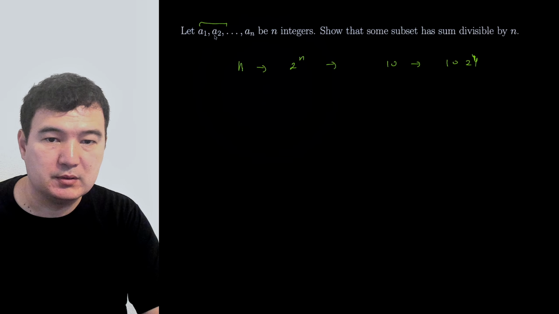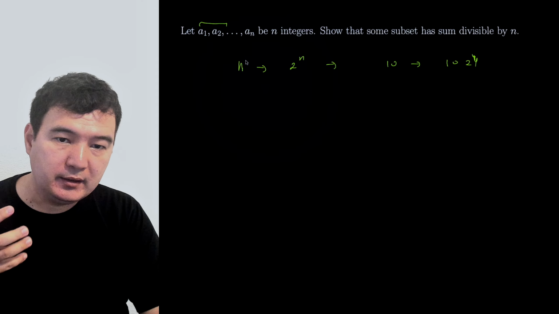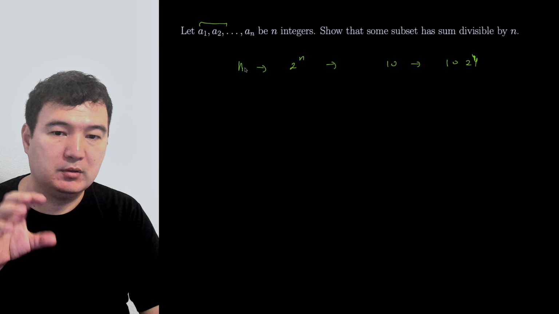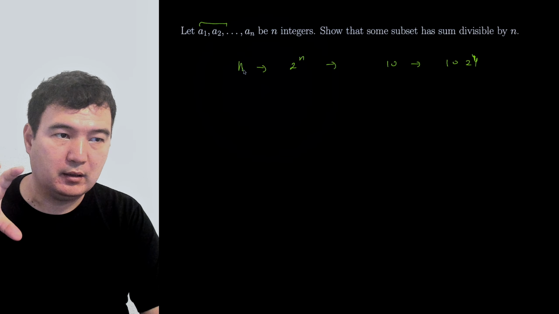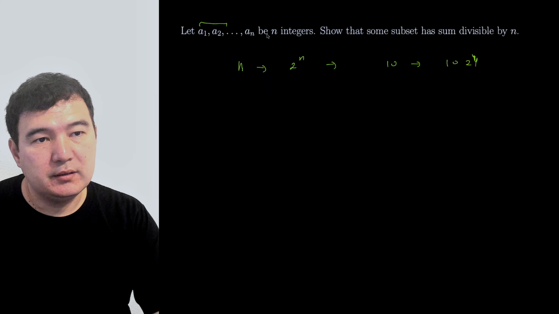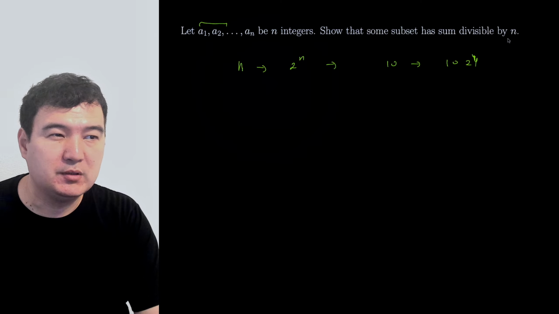So that makes a subset, right? The idea of how we prove this problem is very important rather than the problem itself. So there are n integers.